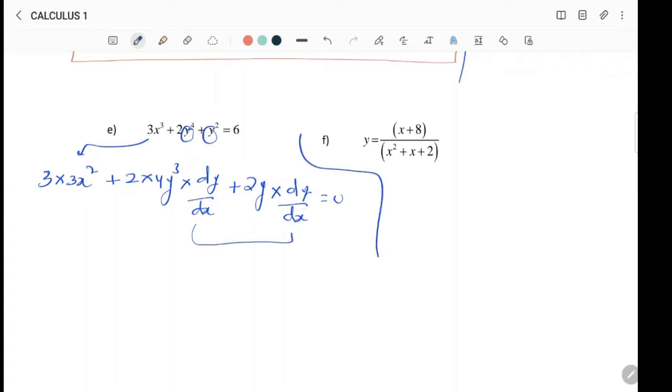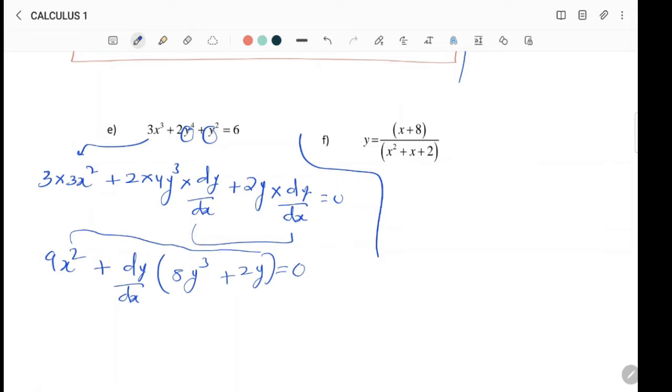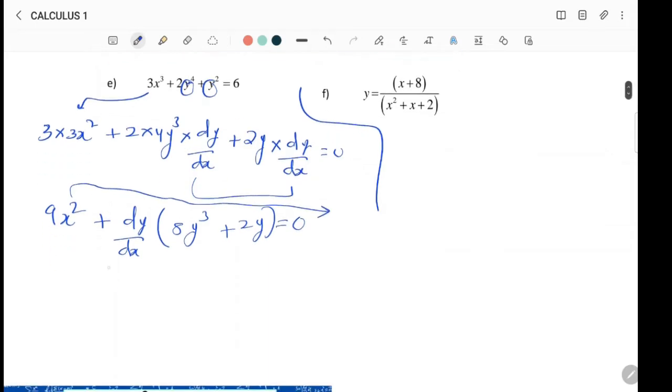Now we can take dy by dx common from these. So this is 9x squared. Now dy by dx we have to take common. So this is 8. Right, 2 times 4, 8, 8y cube plus 2y equals 0.